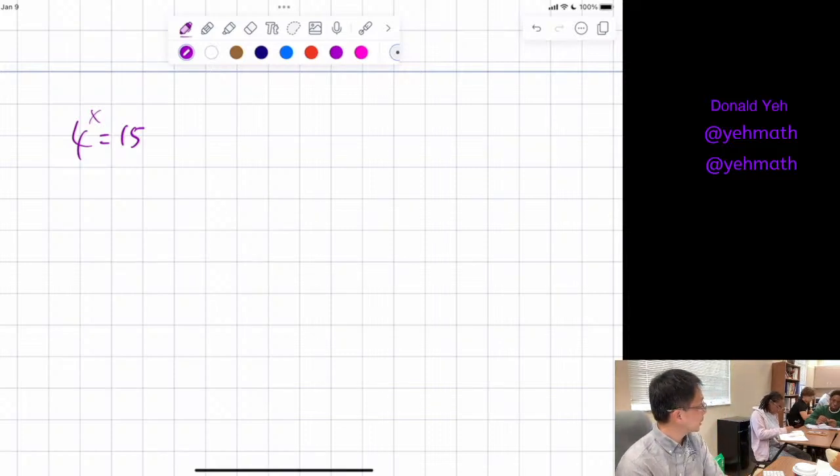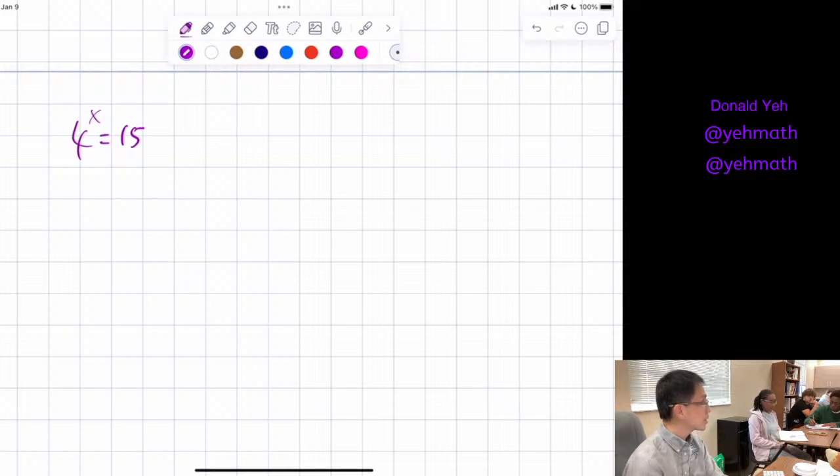4 to the x equal to 15. There is no way for me to change into a common base. You've got 4 and 15. Do they have a common base? No. So now you're going to utilize the natural log. I don't write down log anymore, even though log would get you the same answer.